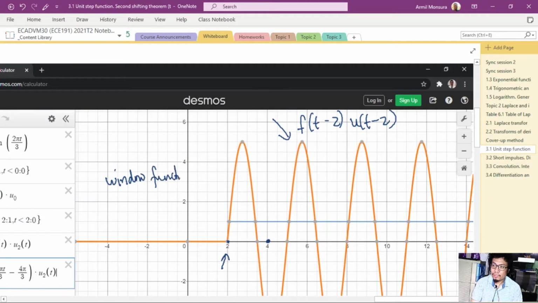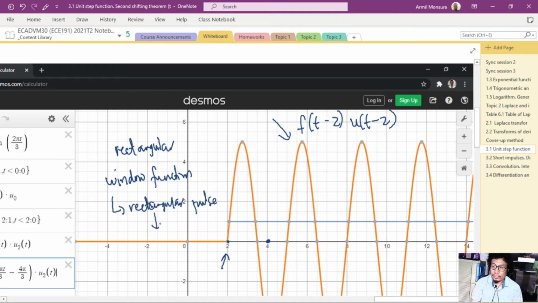There are many types of window function, but what we are discussing here is a rectangular window function, in the form of what we call a rectangular pulse.